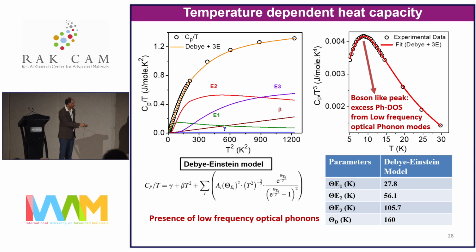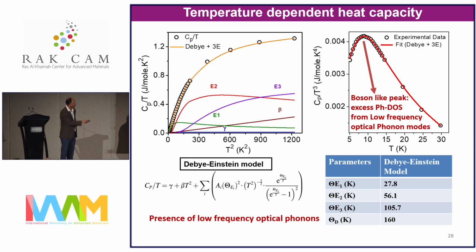Once we included them in our equation, the Debye-Einstein model could easily explain this heat capacity. And the energy of these Einstein localized phonon modes is extremely low in this compound. That tells us there is plenty of low energy optical phonon in this compound, which can also scatter the acoustic phonons by an avoided crossing mechanism.